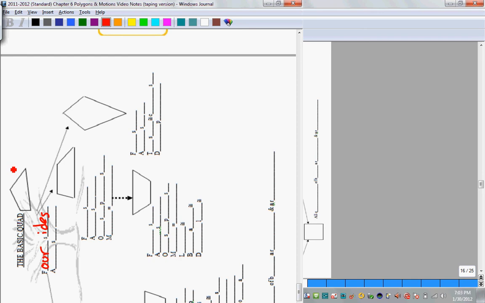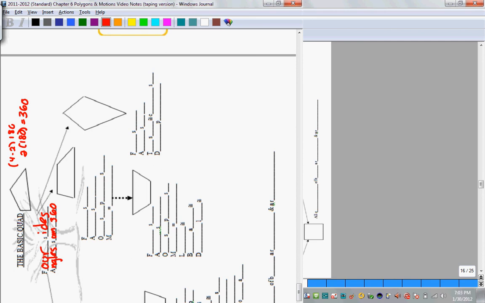And if it has four sides, to find the sum of the interior angles, we do 4 minus 2 times 180. That's 2 times 180, which gives us 360. So we know in a quadrilateral, regardless of its shape, the angles are going to sum to 360 degrees.